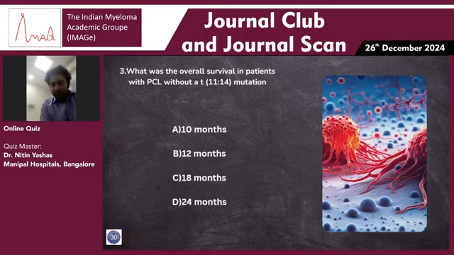A very simple one, actually, if you had paid attention. We know that t(11;14) had a better survival, but what was the overall survival in patients with plasma cell leukemia without a t(11;14) mutation?